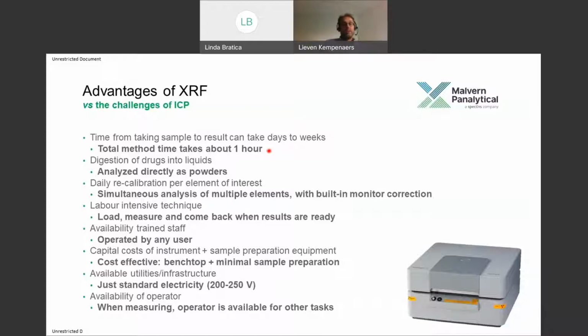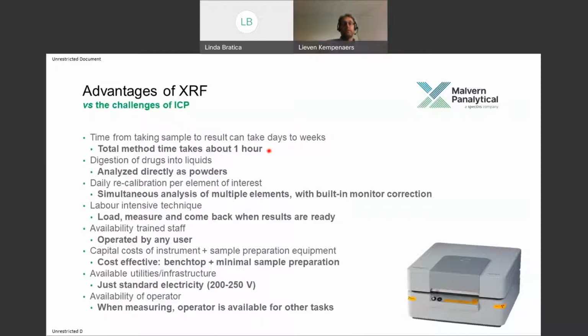Yes, so compared to ICP, the XRF method is much faster. Also for the operator, it's easier to use. So that means you don't have to have highly skilled operators specifically for this instrument. That's not necessary.